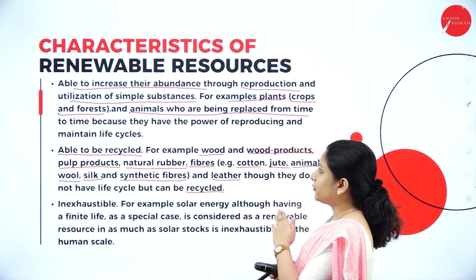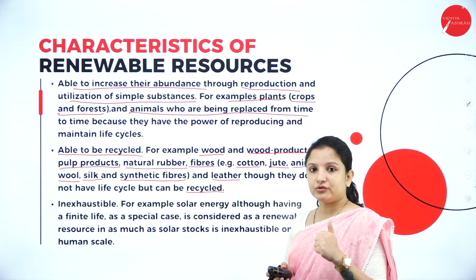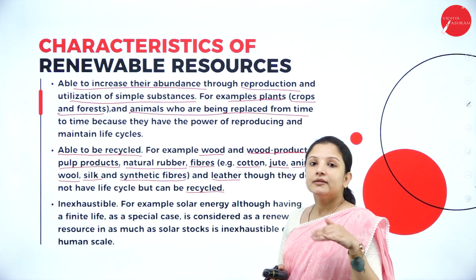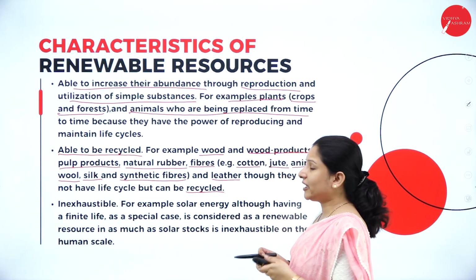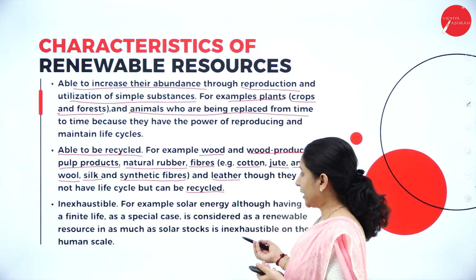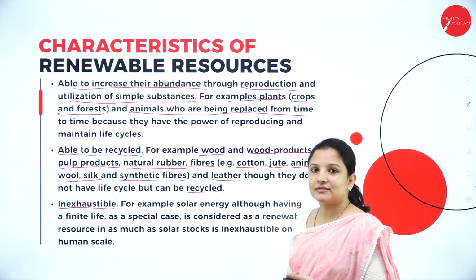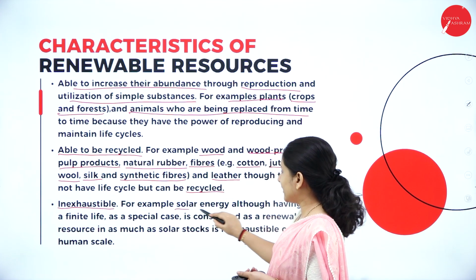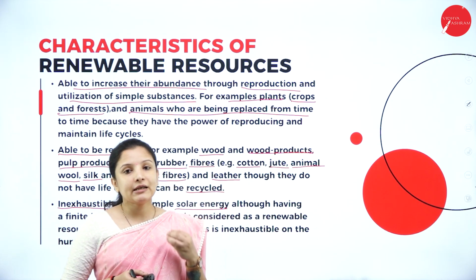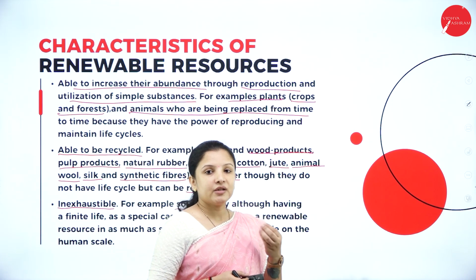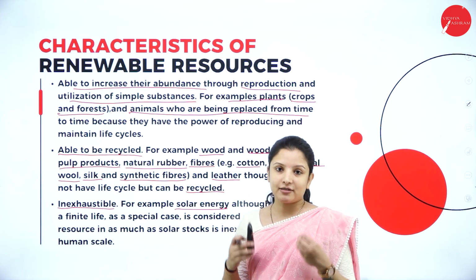So one of the important characteristics of renewable resources is their capability to reproduce, wherein they increase the number. The next characteristic is the ability to be recycled, so that we can use it for some more time. Next, inexhaustible is also one of the characteristics. Say, for example, solar energy is one of the best examples of an inexhaustible renewable energy resource. Inexhaustible means they will never get exhausted.